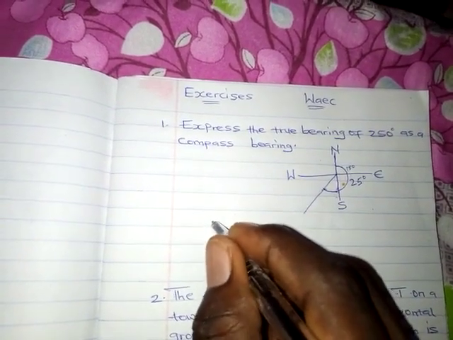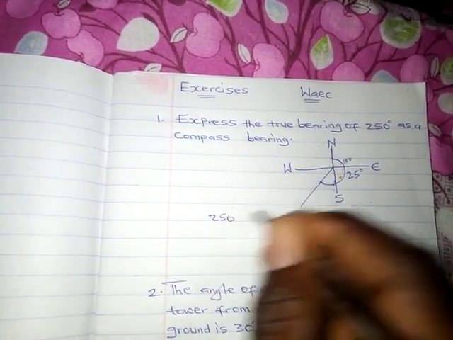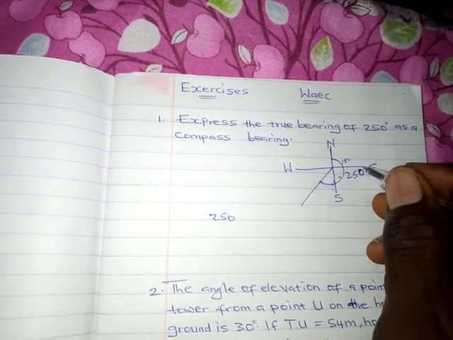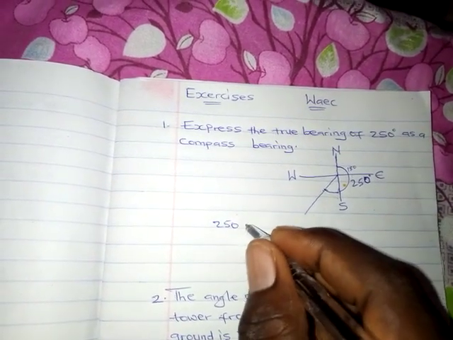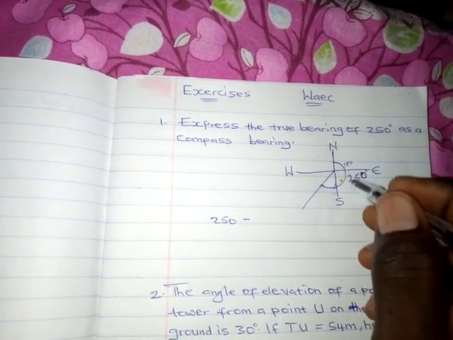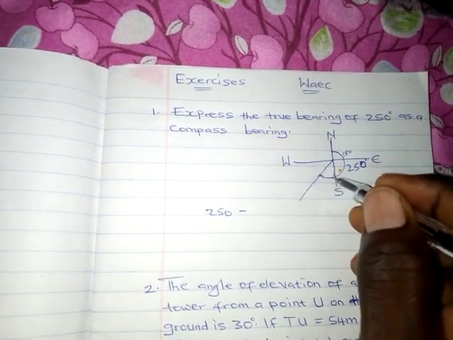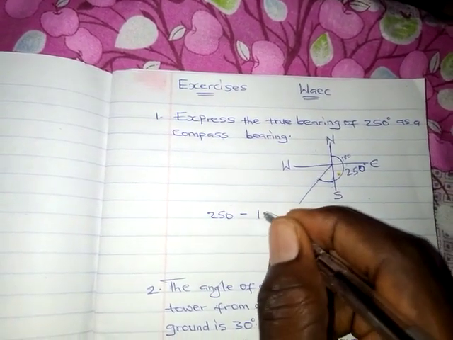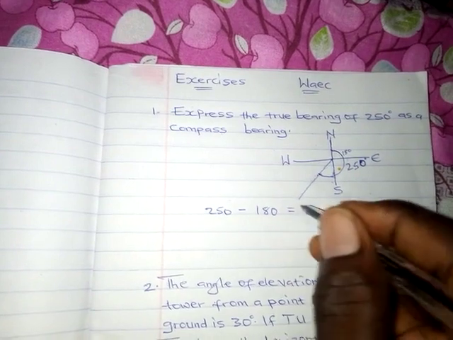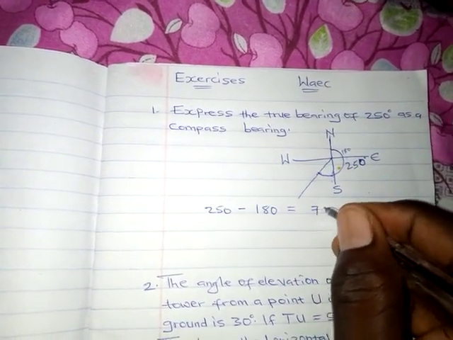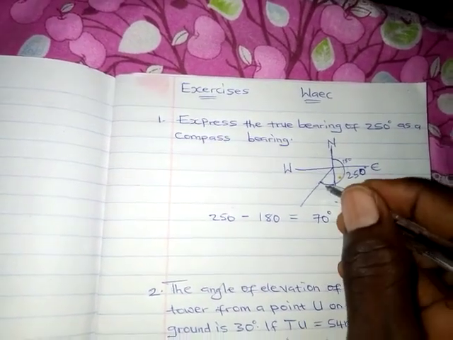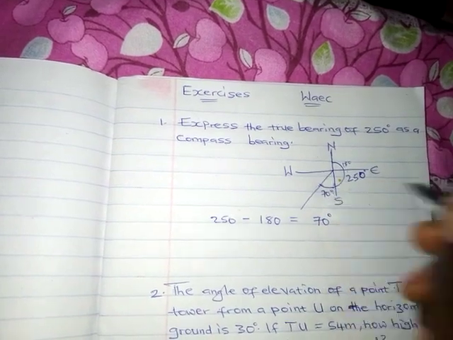So all we need to do is say your 250 degrees minus the 180 degrees we already have here to get this small angle here, and that gives us 70 degrees. So this angle here is 70 degrees.